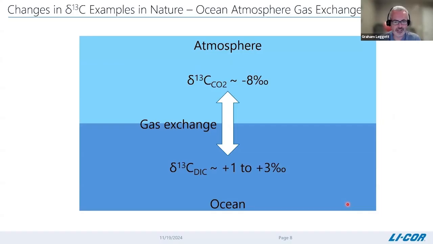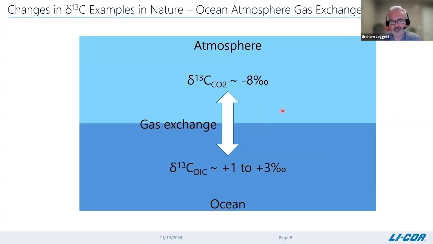And this is a nice simple example. If you think of CO₂ dissolved in the ocean, and then that enters the atmosphere through gas exchange. That process prefers a lighter isotopic CO₂. So the lighter the CO₂, the more readily that would then move from water to the atmosphere.